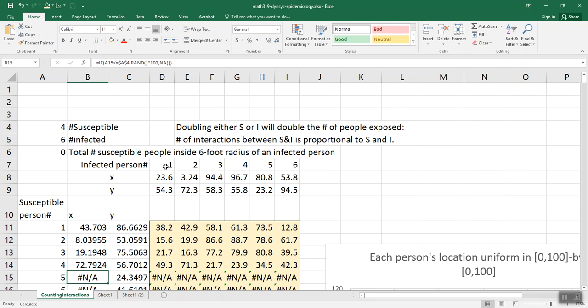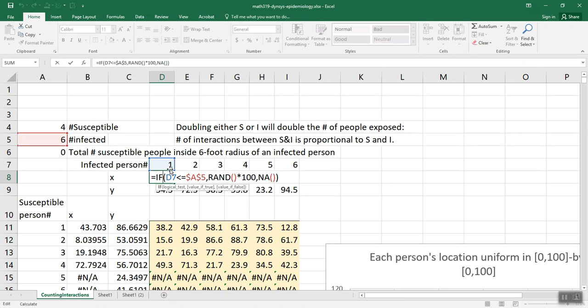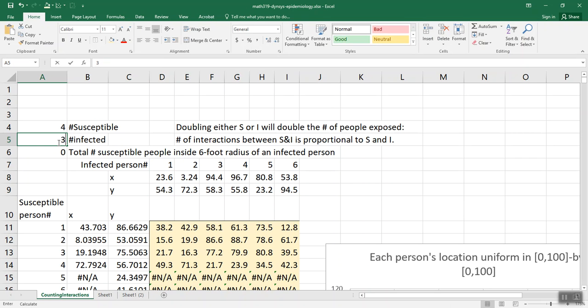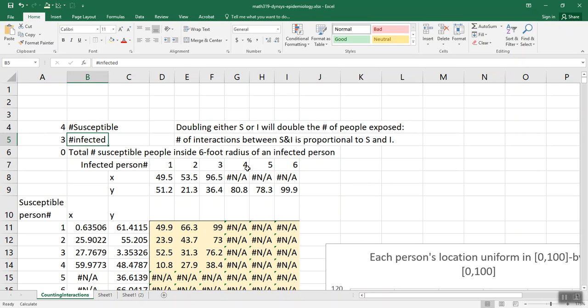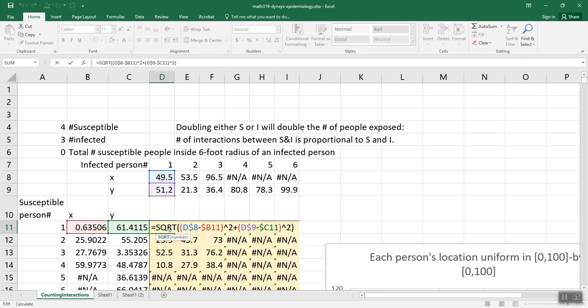And then I've got 6 possible infected people here. Their y coordinates do the same thing. Their x coordinates do the same thing, where they get an NA value if I'm on person number 4 but there's only 3 infected people. And then these values are the distance between the infected person and the susceptible person, except if either of the susceptible or infected people doesn't really exist, it has an NA, then this square root computation gives you an NA.